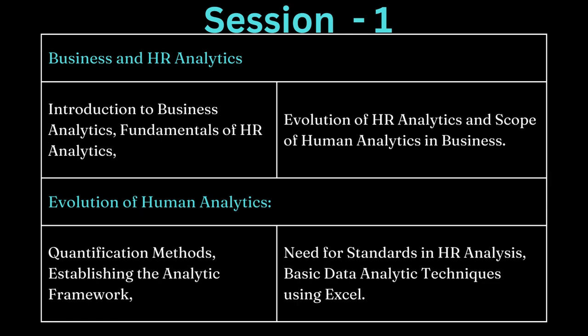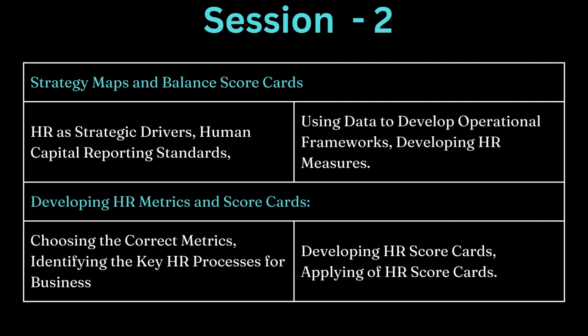And then in session 2, we'll start with looking at, because you can do analytics, but ultimately, if you cannot quantify what should be tracked or what kind of analytics should I do? So you need to understand business. And we'll be doing the balance scorecard, which is a measurement tool by which we will be establishing both lead indicators and lag indicators for all the functions.